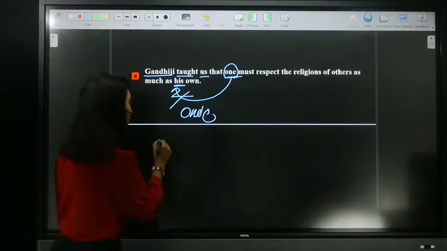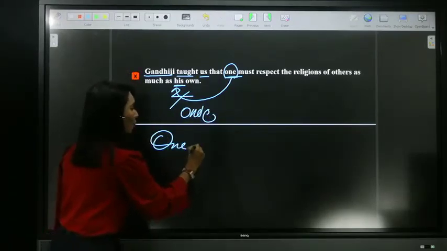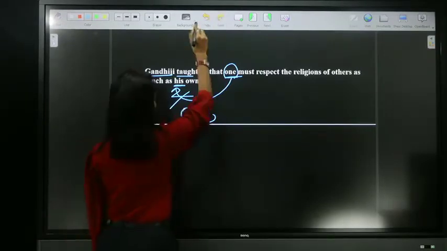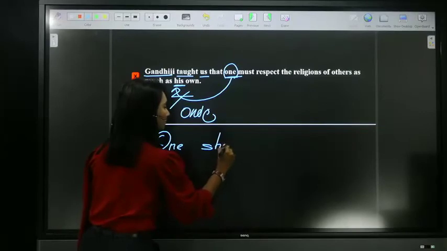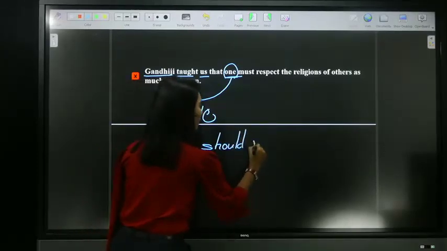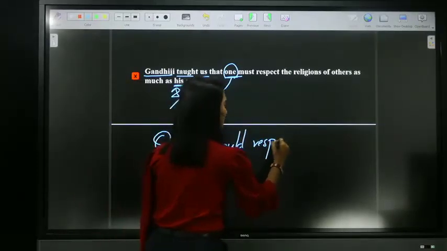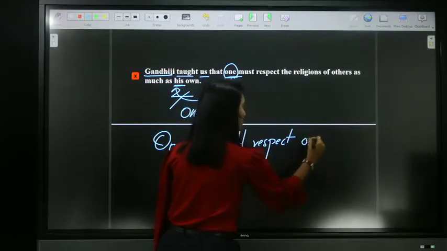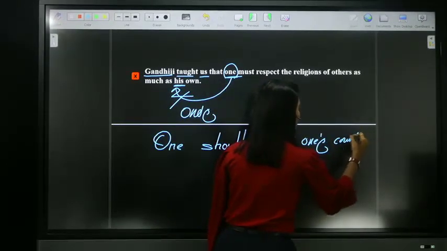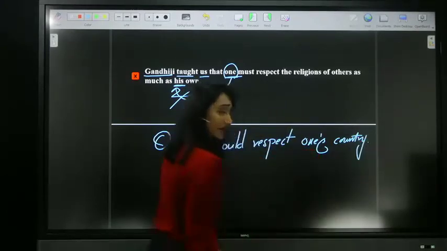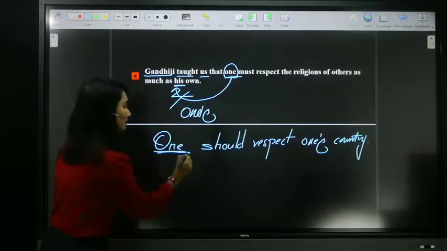Did you remember the first sentence we discussed? One should respect one's country, right? Because the subject is one. Who is that one?